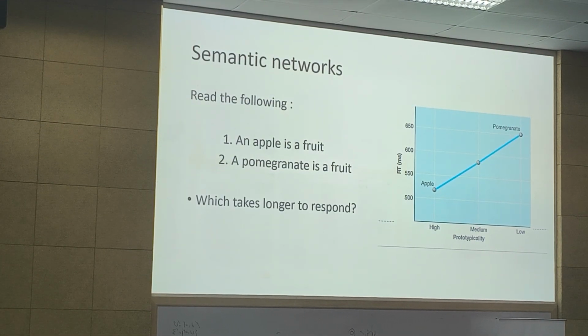Semantic network is basically our ability to respond to, for example, this information. Okay, an apple is a fruit, a pomegranate is a fruit. Which one is faster? Which one is slower? Make sure you understand the relationship of this, why recalling one part of information takes longer than the other.